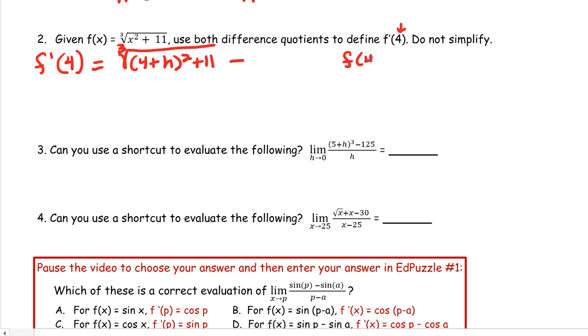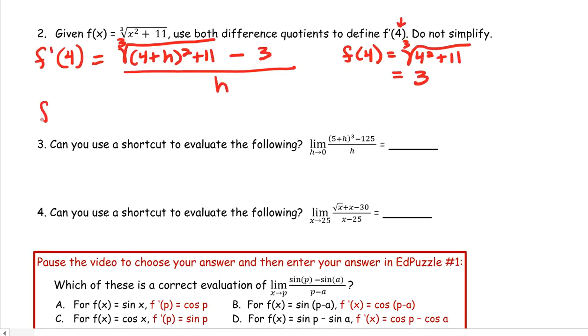Since we're going to use it twice, let's make sure everybody sees what we're doing here. 4 squared is 16 plus 11 is 27, which is a perfect cube. So we will get our f of 4 value is a 3, all divided by h.